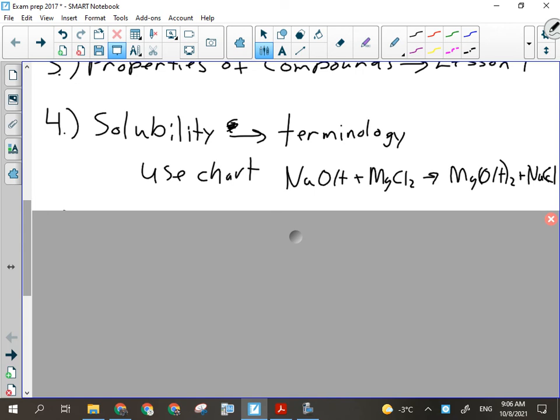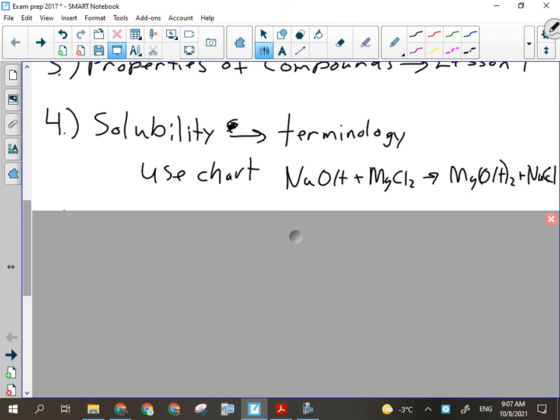The other way that I'm going to ask you about solubility is on the last question of the test, in the written response. I'm going to ask you to apply to a new or novel situation what you know about solubility and replacement reactions, like this. This is a replacement reaction that produces a precipitate.